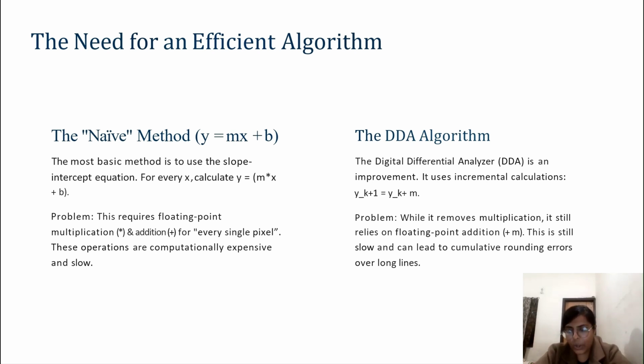Next came the DDA algorithm, which improved performance by replacing multiplication with incremental floating point additions, computed by y(k+1) equals yk plus m. This is faster but still uses floating point addition, causing rounding errors over longer distances. So we needed something better, an algorithm that can work entirely with fast, precise integer math.